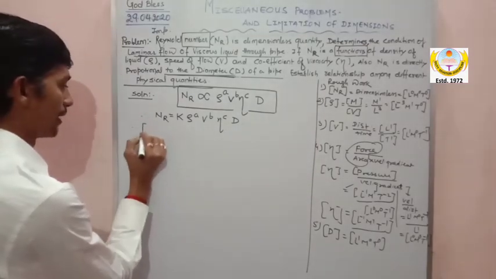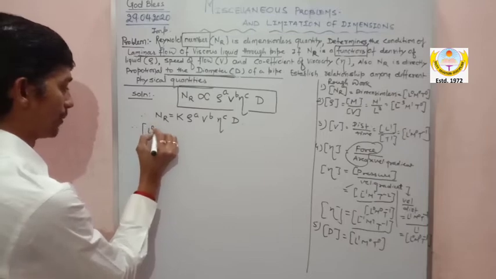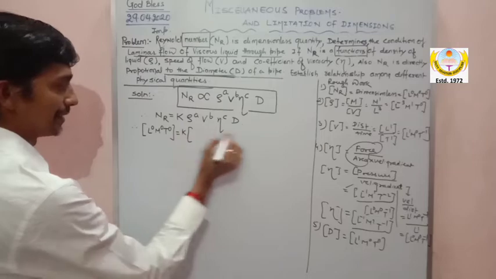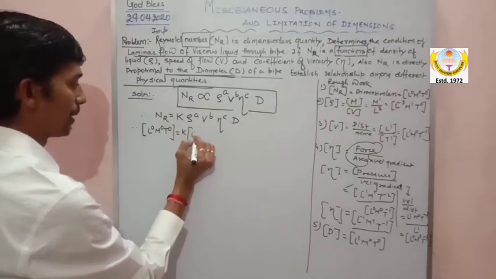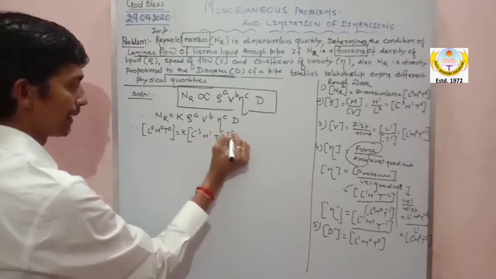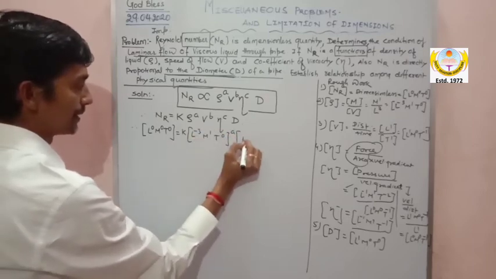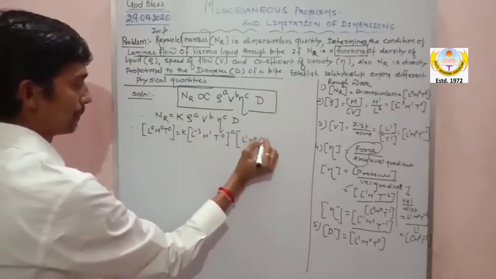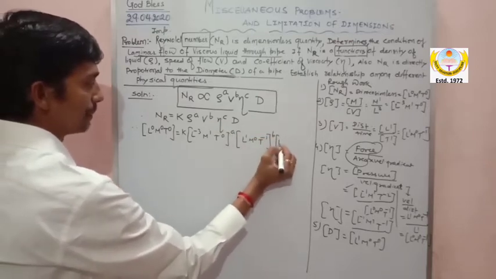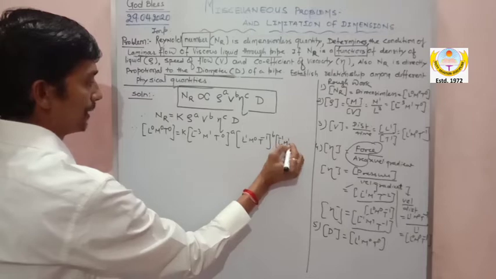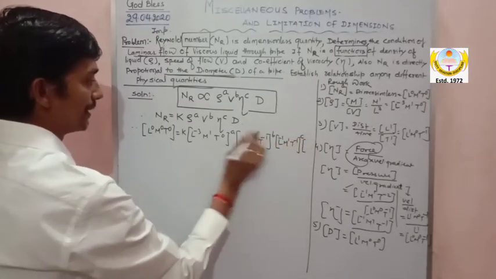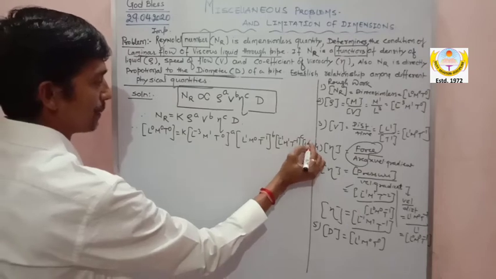Therefore, for the Reynolds number, the dimension will be L0, M0, T0 is equal to K. This is density, which is L power minus 3, M power 1, T power 0, whole power A. This is velocity, L power 1, M power 0, T power minus 1, whole power B. This is eta, L power minus 1, M power 1, T power minus 1, whole power C, and this is diameter D, which is L power 1.